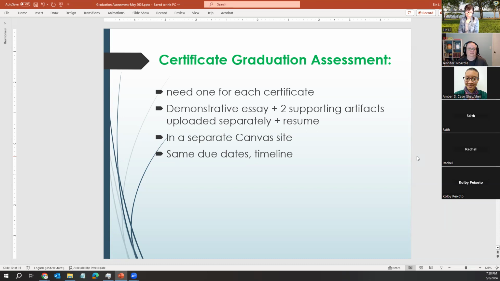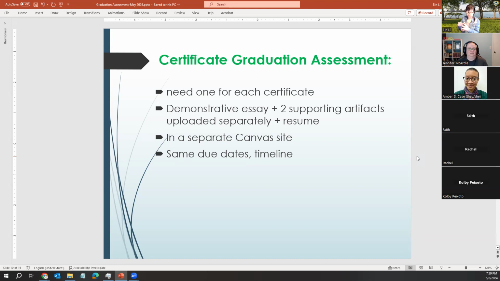If you are getting one master degree and two certificates, which happened to a handful of our students, then you need to do one graduation assessment for your MLIS and then two graduation assessments for the two certificates. So you need one for each certificate. Make sure you are doing that.